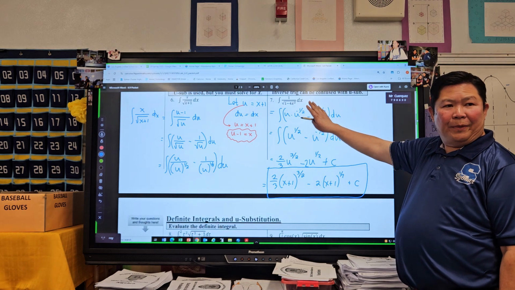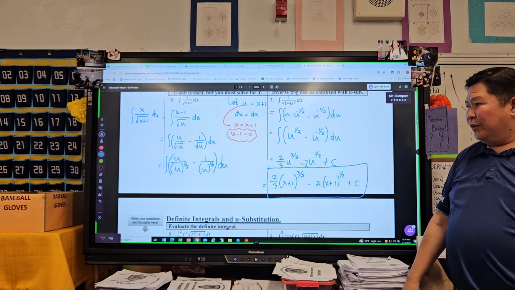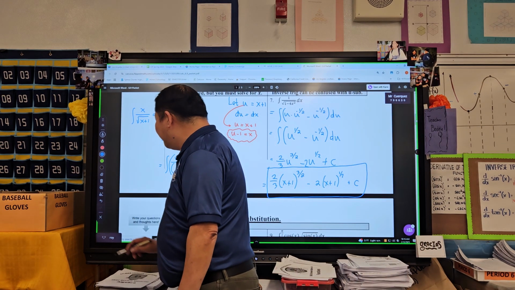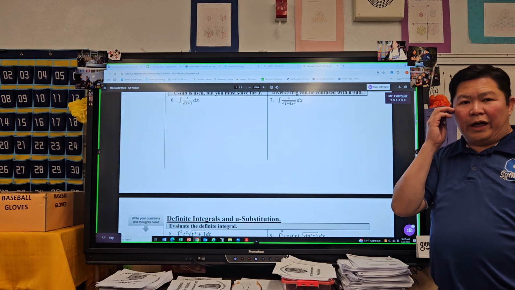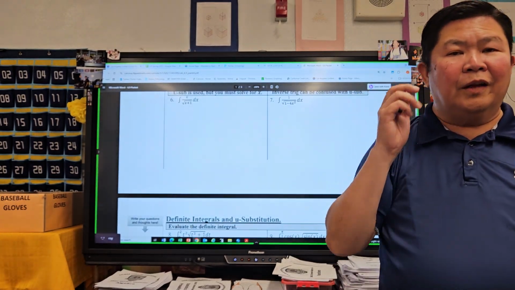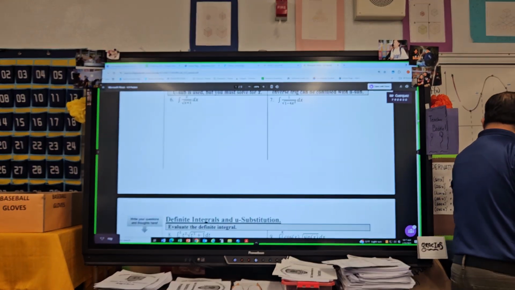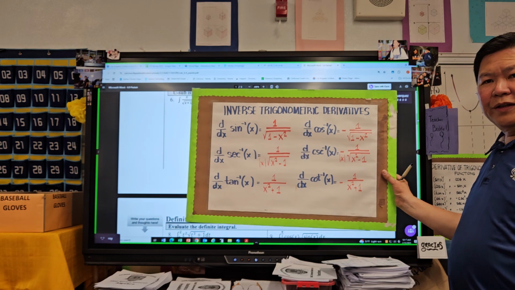Shall we move this up now? Everybody has a copy already? We're at number 7. So, can you try first? Remember, I'd like you to have this idea on inverse trig derivatives.